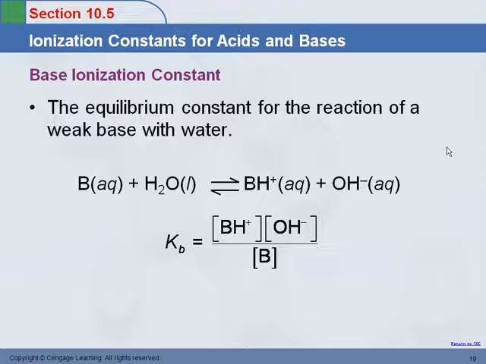Again, same idea. Strong bases, lots of ionization, which means product concentration will be high, which means Kb will be large. Weak bases, really low dissociation, so reactant concentration is high and product concentration is close to 0, which means that Kb will be really small. So strong bases give me large Kbs. Weak bases give me small Kbs.